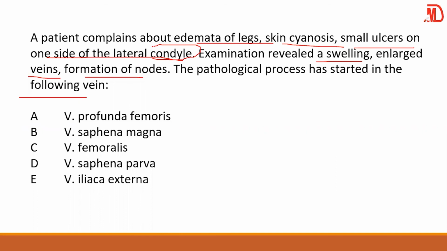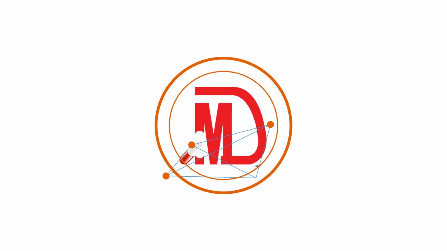So this will be medial, and this will be lateral. But both of them are superficial veins. So what comes to mind? Of course, we are looking at D, the lateral aspect.